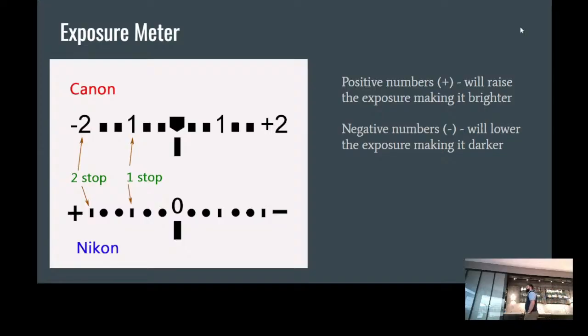But positive numbers will be plus, they'll raise the exposure, making it brighter. Negative numbers, the little minus sign, will lower the exposure, making it darker. Typically you'll see one stop on there, half stops depending on the camera that you have. My camera will do quarter stops in between each full stop, and that's my Nikon. And then on my Sony, I think it does full stops and half stops, but I'm not 100% sure.